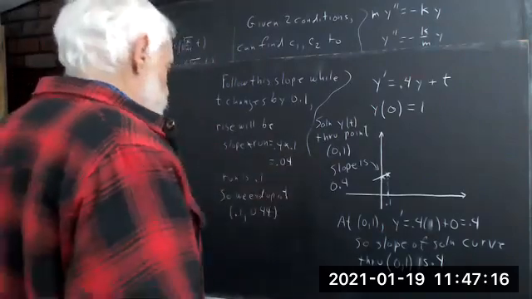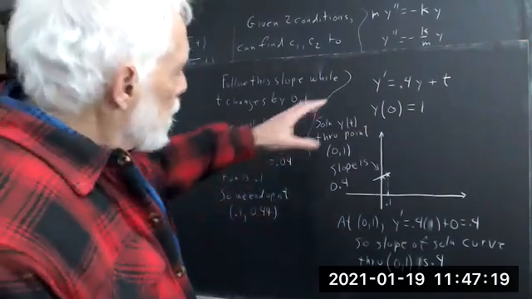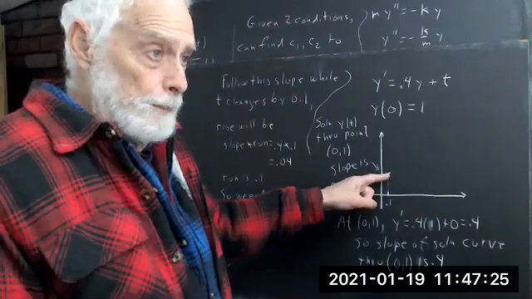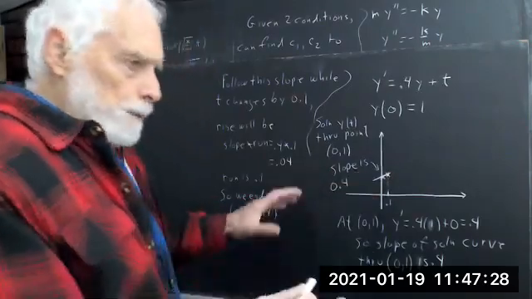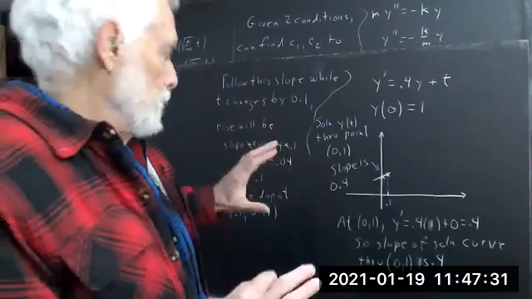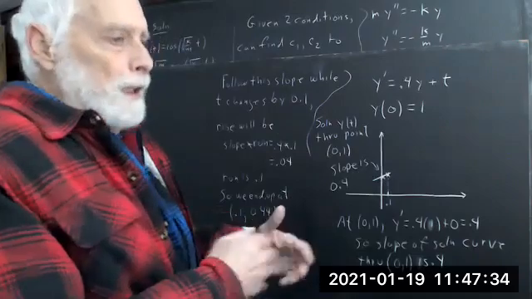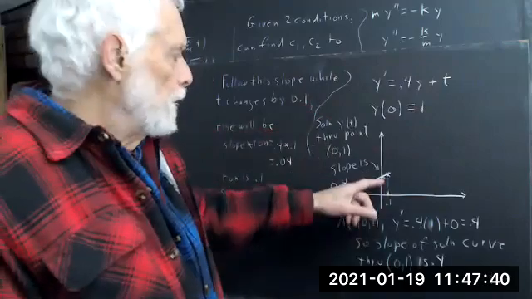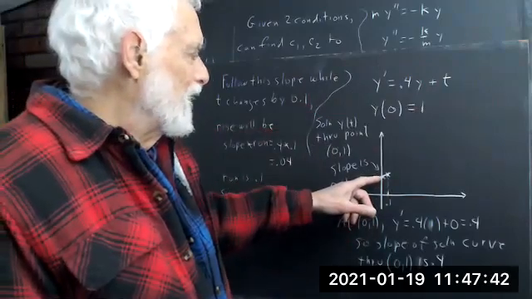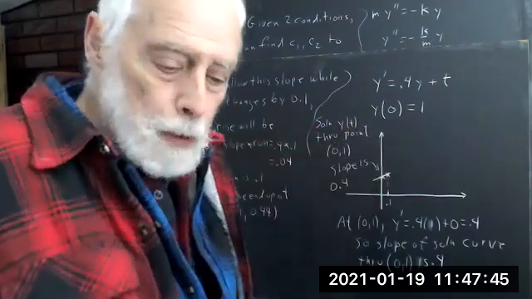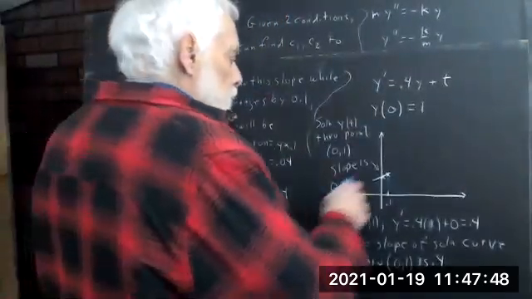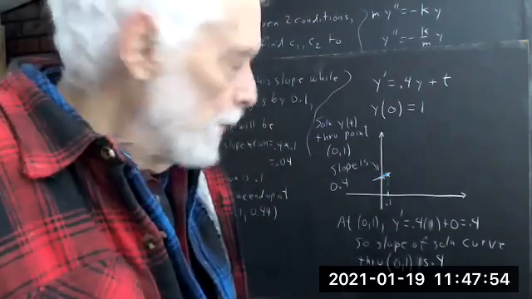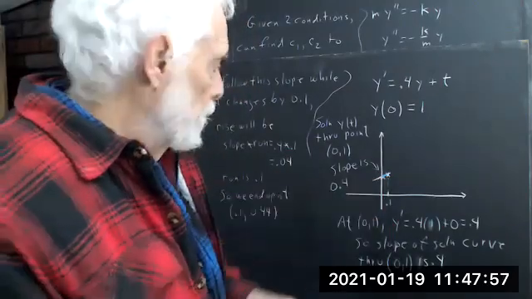Assuming these functions are nicely behaved and don't do weird things in the interval from here to here, and we can make weird things a little more specific, but right now we're just going to understand that if these functions aren't pathological on this interval, then this little segment here is going to be pretty close to the solution curve. So I'm going to color that segment blue and say that that segment is nearly a part of the solution curve.